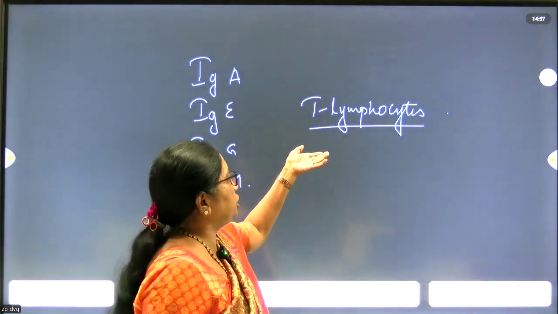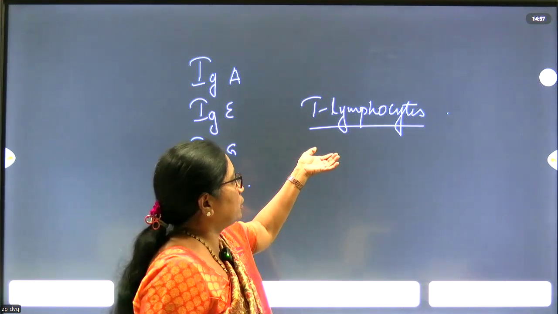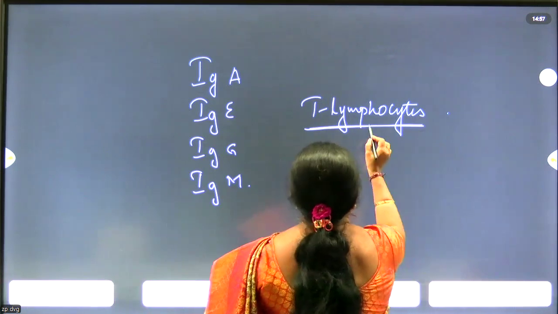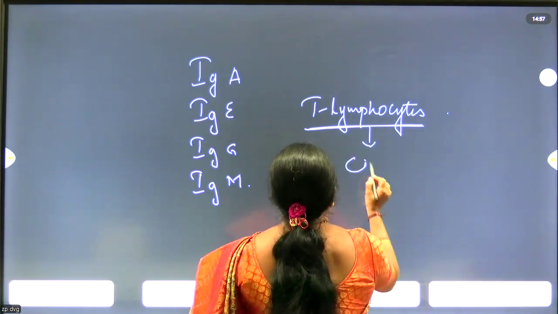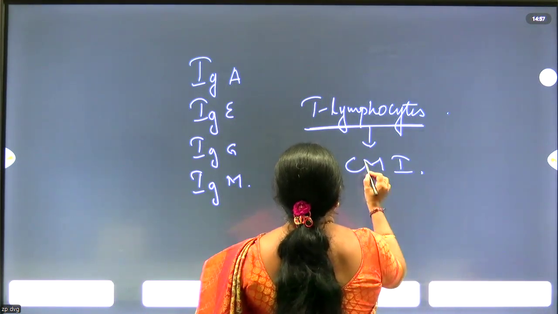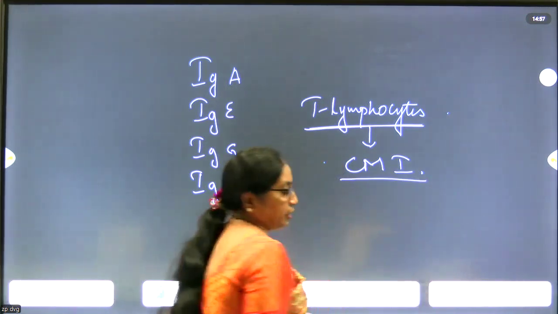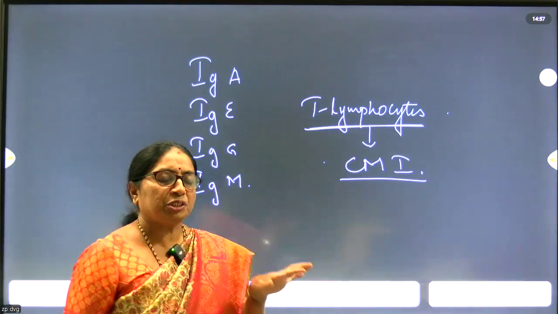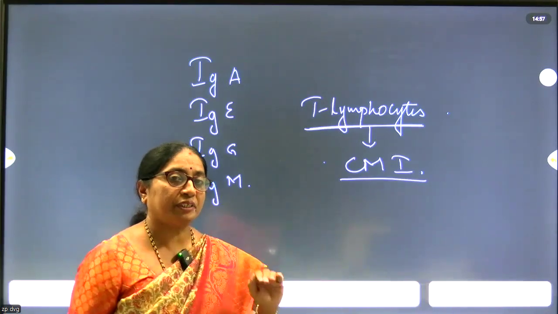During organ rejection, the T lymphocytes are going to produce the cell mediated immunity for which the organ may get rejected. During any organ transplantation, the patient is given a lot of immunosuppressive drugs.